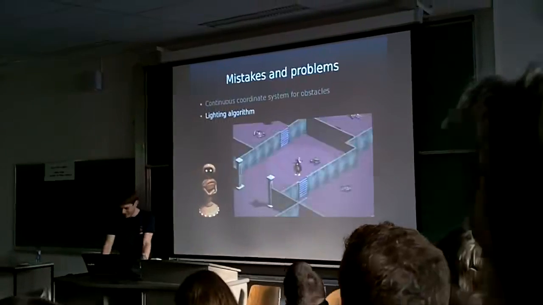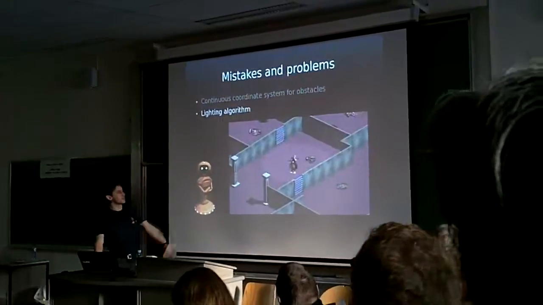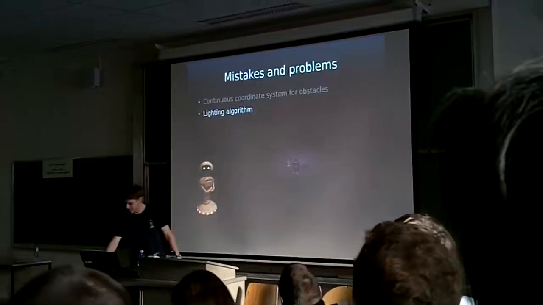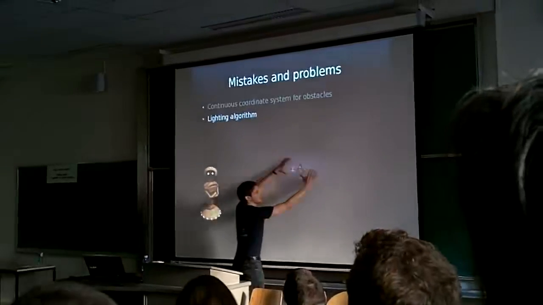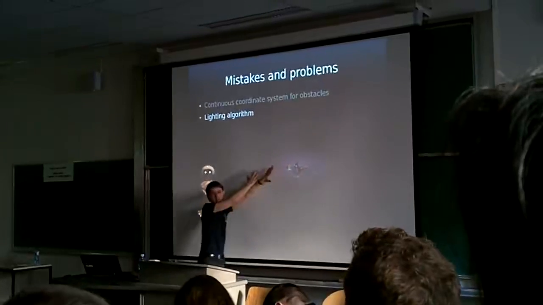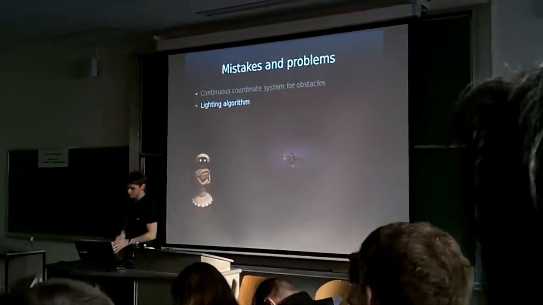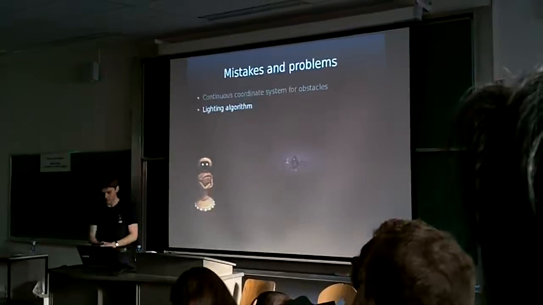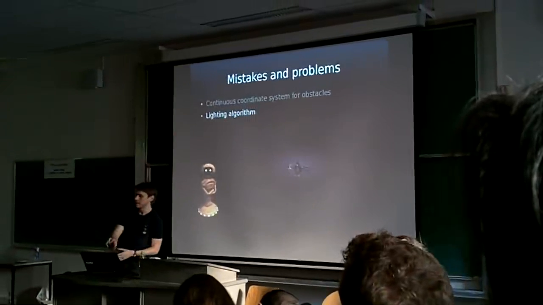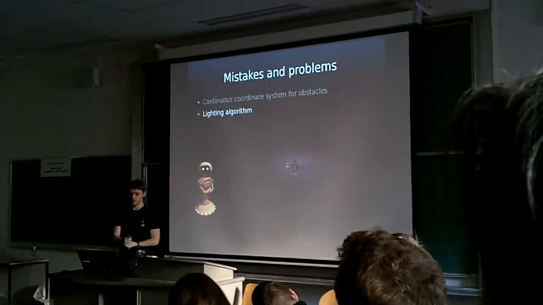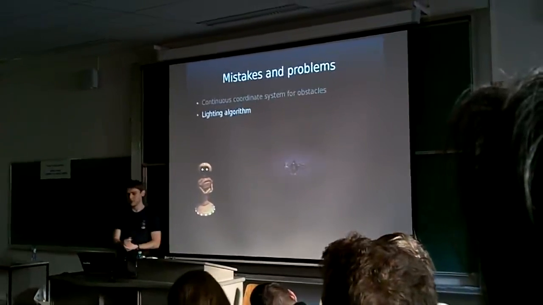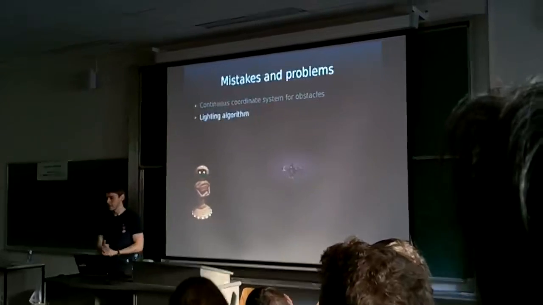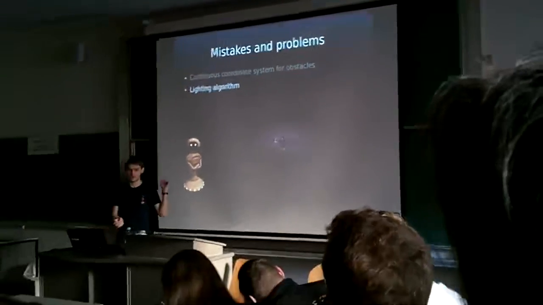Okay. Well, the way we do it is we first render it like this, and then we draw kind of a gray mask which is lighter here and darker here, and we draw it on top. And the way we compute the values of the gray mask makes very easy use of the collision detection system, which, as I've said, works with continuous coordinates.